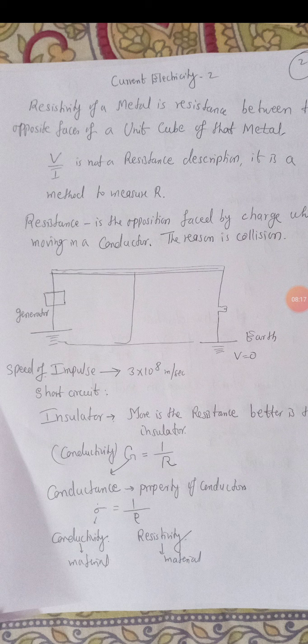Insulator means a very high resistance. Where is it needed, student? If you see the wires which are coming to our home, in between there are light poles, because mechanical support is required; such a long wire, if it is not supported, will be broken by the heavy wind.